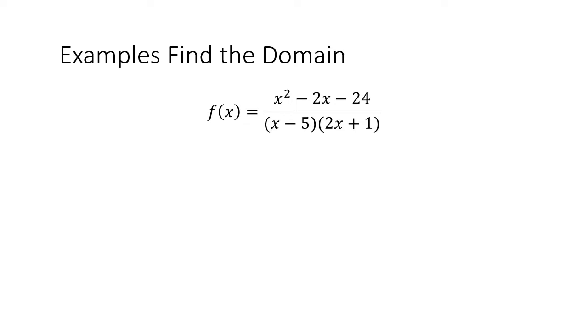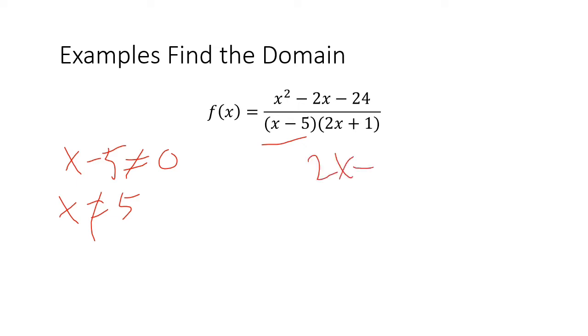So here we have x minus 5 is not equal to 0. x is not equal to 5 based on this. And here we have 2x plus 1 is not equal to 0. So I'd subtract the 1, then I divide by 2.